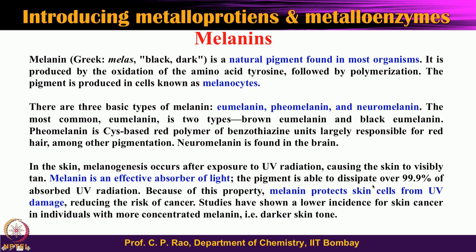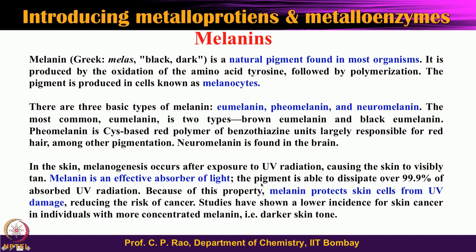Because when the sun radiation is incident on our skin, there will be some UV radiation, and this UV radiation should not damage the skin. So, that means this pigment should do something. It should not absorb, it should reflect or it should dissipate, and that is what it does, and that is why the people who do not have this pigment try to tan their skin, and that is what you see in western countries.